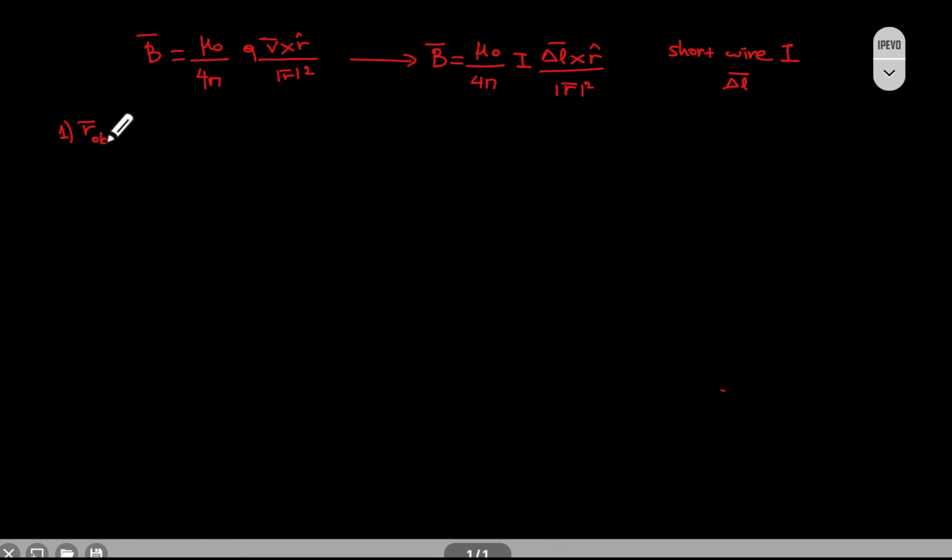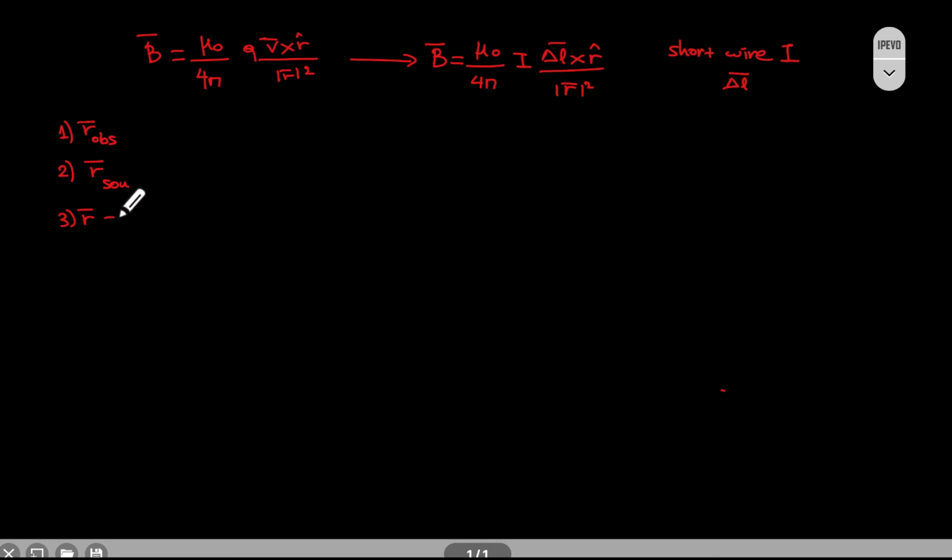The first thing that we need, similarly to finding electric field from charge distributions, is to write down the vector r obs. This is the position vector of the observation location. We need to know the position vector of the source location.